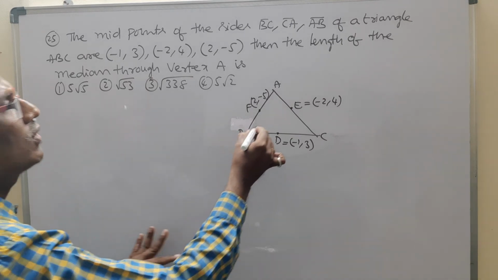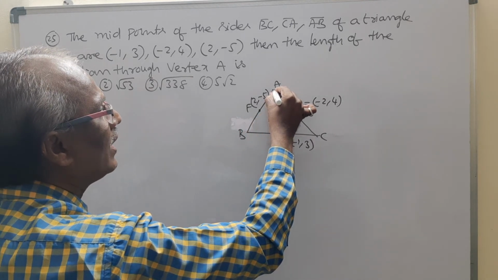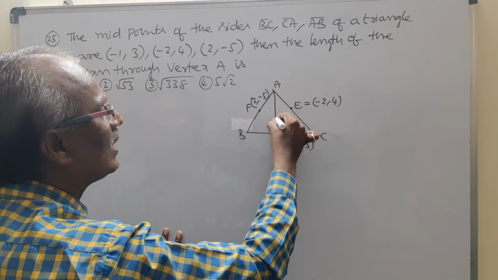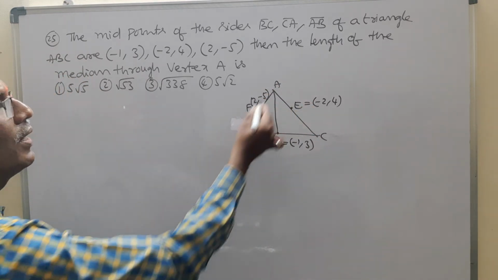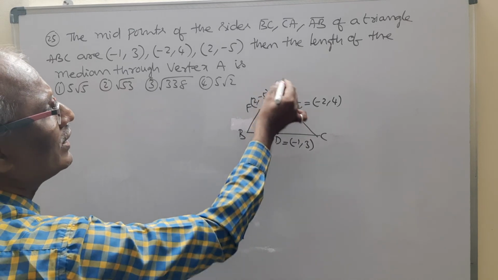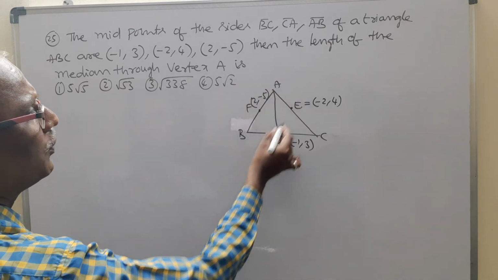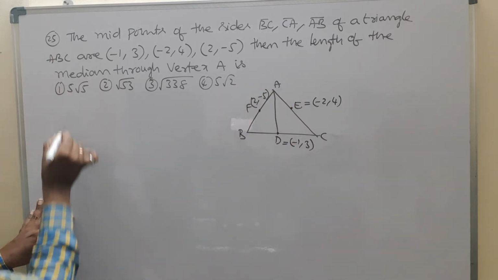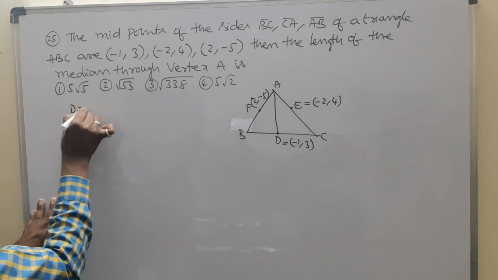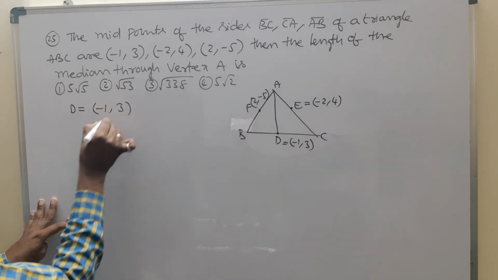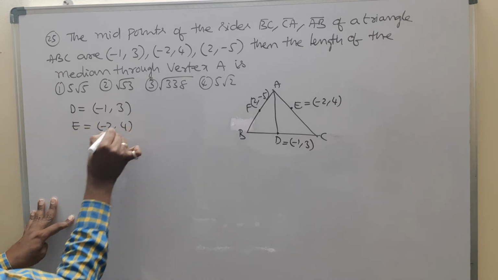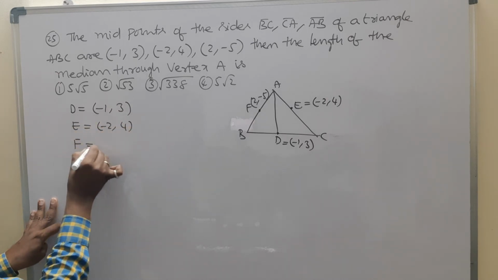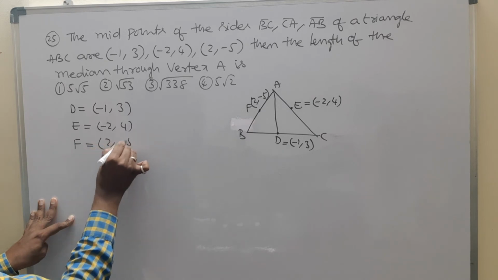To find the length of the median through vertex A, this AD length is the length of the median through vertex A. To find the length of AD, we first need to find vertex A. Here the midpoints are given: D equal to (-1, 3), E equal to (-2, 4), F equal to (2, -5).